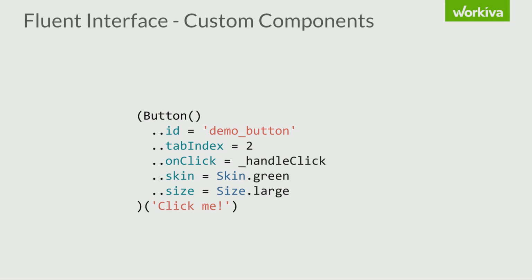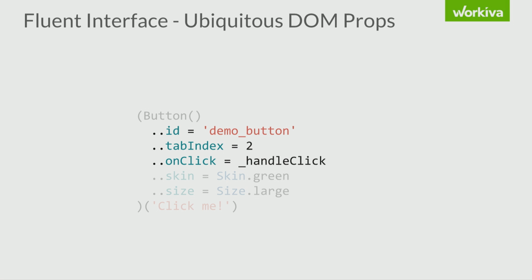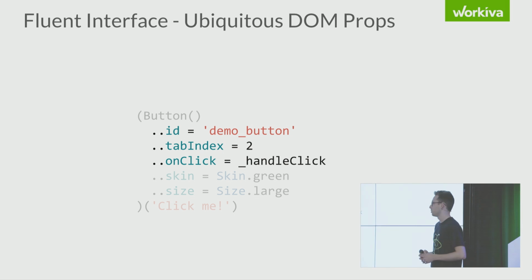And so like I showed before, this works with custom components, but something I wanted to call out is what we call ubiquitous DOM props. So what we found when my team was building all of these custom components is there were a set of DOM props that consumers wanted to add to our components all the time. Like they wanted to set a custom ID or bind some custom event handler.